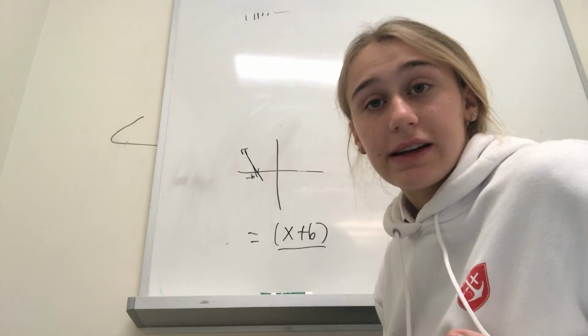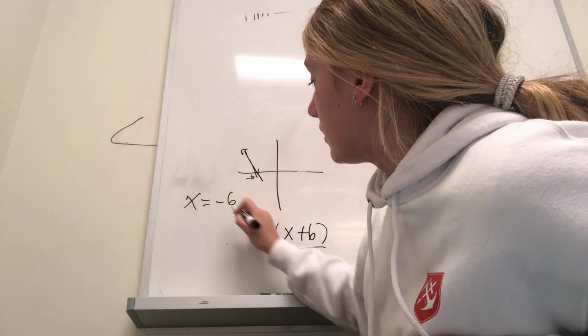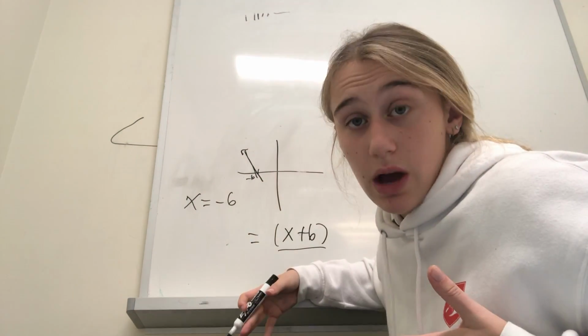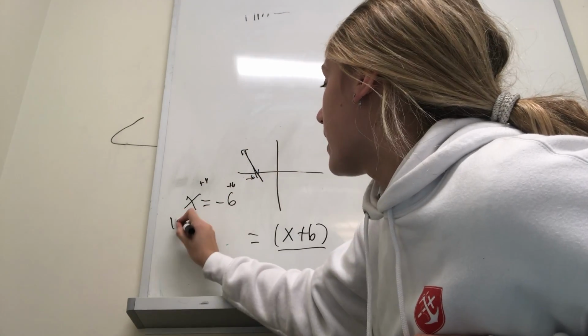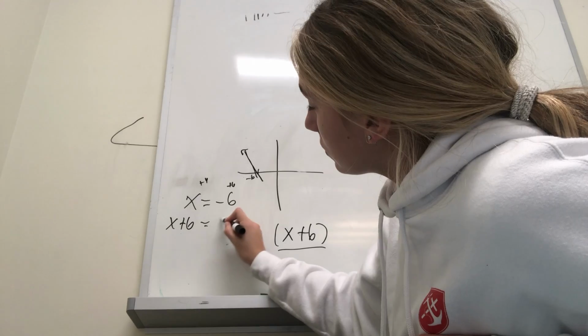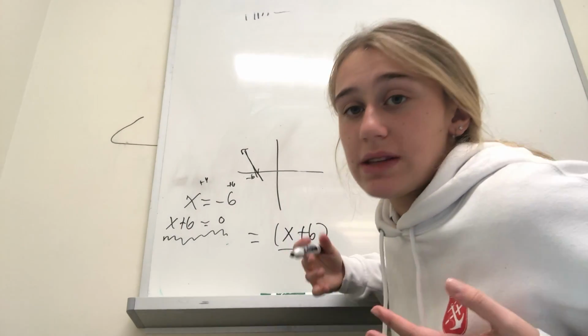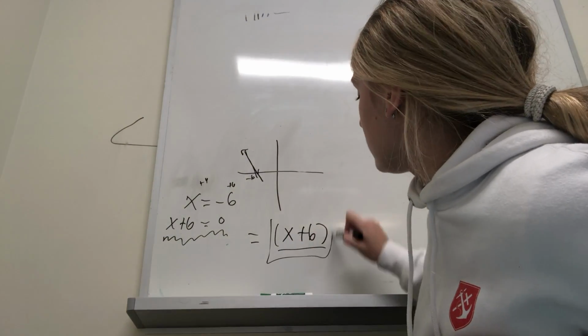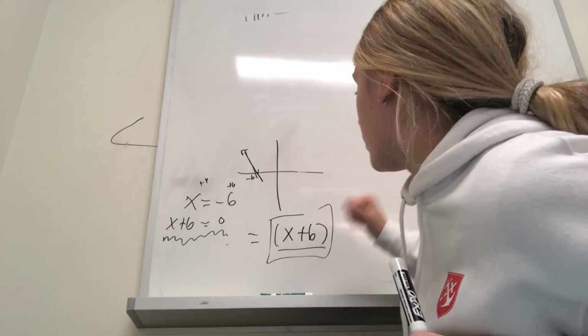How do we know that it's x plus 6? Well, if x is equal to negative 6 and we set that to 0, we add 6 on this side and 6 on this side, so x plus 6 equals 0. Since it's an x-intercept, it's a root of the equation, so we have to keep in mind that that will be in our equation.